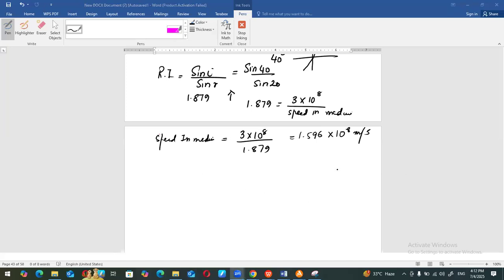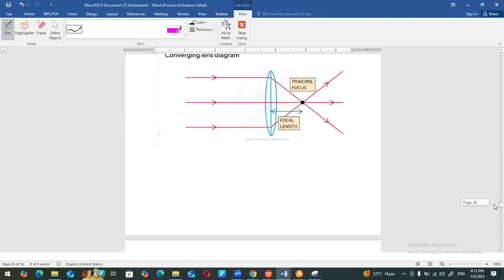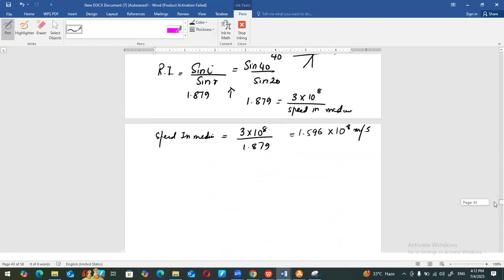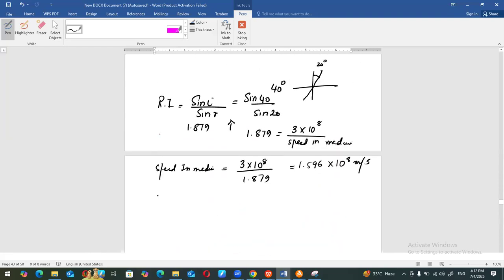Now, once you understand this, let's go to a topic: refraction. Remember there are two, three things. When you talk about refraction, the instruments used for refraction are called lenses. A lens is a spherical shape, some sort of a sphere, made of glass, right?